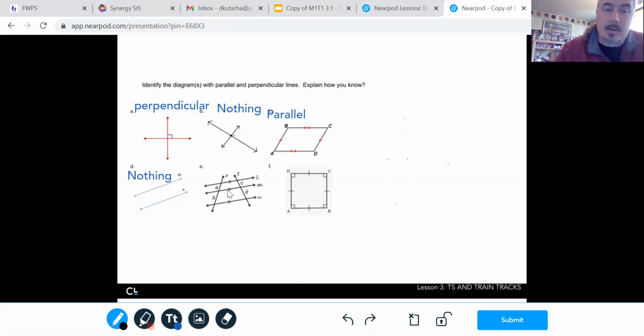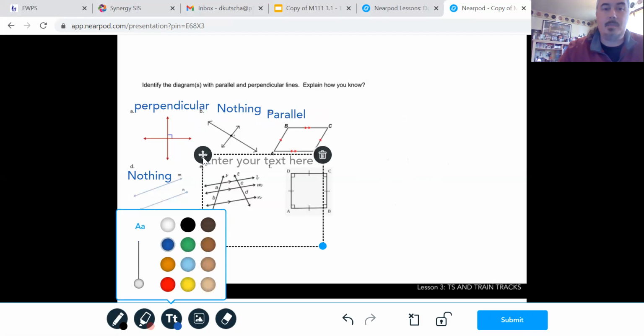However, because of these arrows, I can say we have parallel lines. I can say that line L, line M, line N are parallel to each other, but I cannot say that line lambda and line T are perpendicular. So yes, we do have parallel lines in this particular drawing. Let me write that in there.